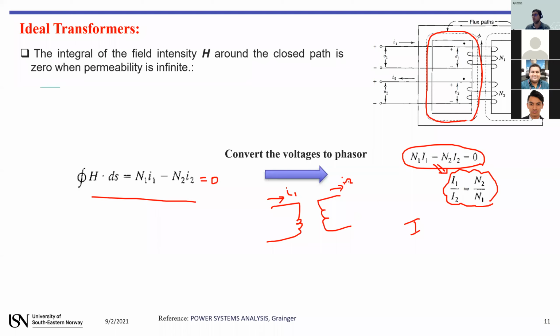For example, if you have I2, you can calculate I1, but inversely proportional to the turns. It's the relationship between the currents on both sides of the transformer. Now we have extracted the voltage relationship and the current relationship. The next will be the impedance.